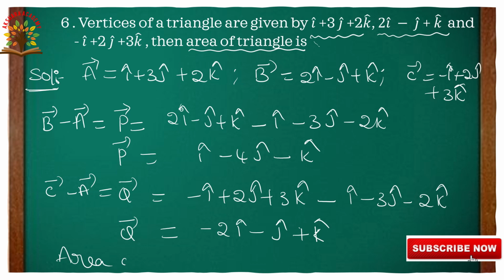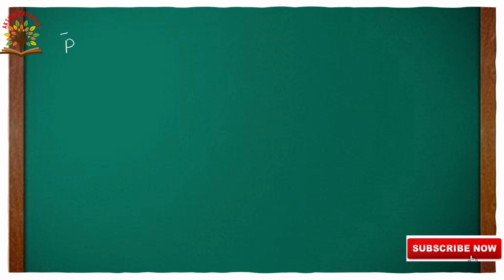Area of triangle is equals to half modulus of P bar cross Q bar. Now first we have to find P bar cross product of Q bar. So that is equals to i, j, k, and we are writing the P components 1, minus 4, minus 1, and the Q components minus 2, minus 1, 1.